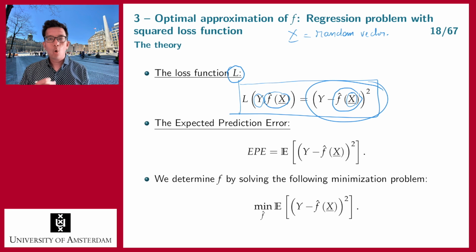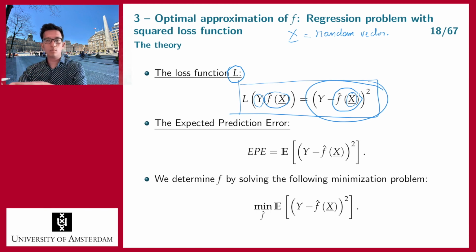It means that what my prediction will be for the future number of claims is not decided, is not a real number. It depends on what policyholder I will get for my portfolio. So I randomly pick a policyholder for my portfolio. That's why X is a random vector.